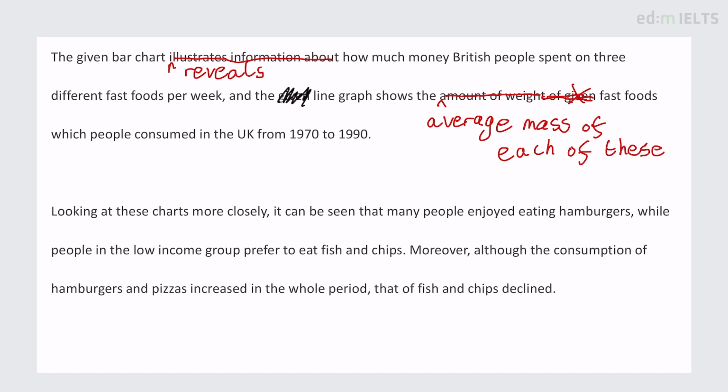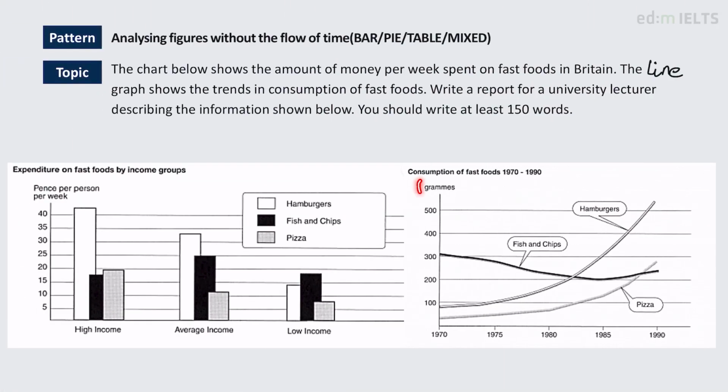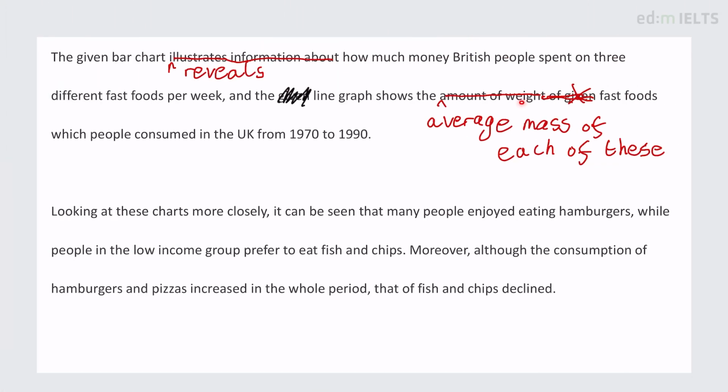I think from memory, mass is measured in grams and weight is measured in newtons because it's kind of like mass, but it takes into account the effects of gravitational pull. It's something like that. But that kind of accuracy with the words, that's what helps you get the highest scores, showing that you can use words very precisely.